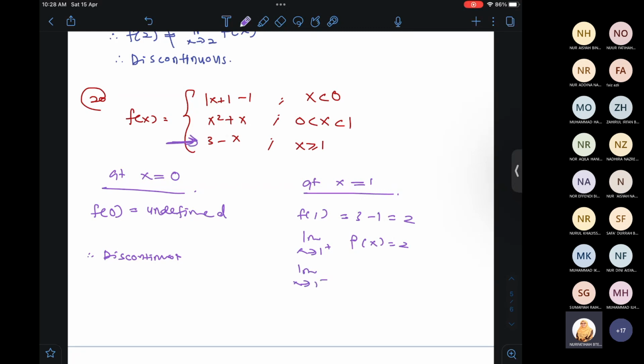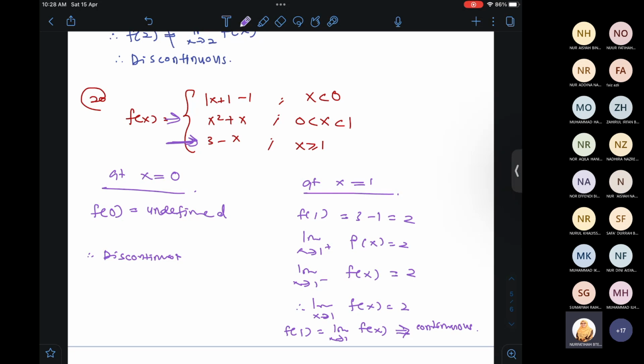From the left, we use the first one: 1 squared plus 1 is equal to 2 also. So the limit as x approaches 1 of f(x) is 2, and since f(1) equals the limit, we conclude it is continuous.